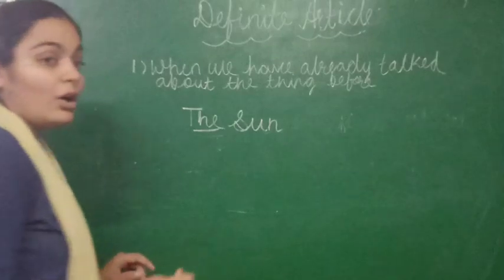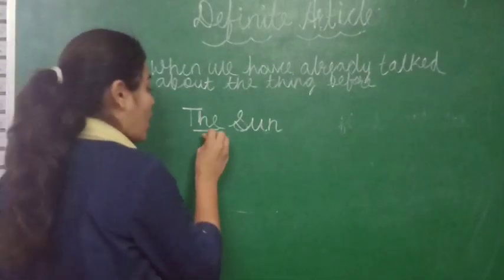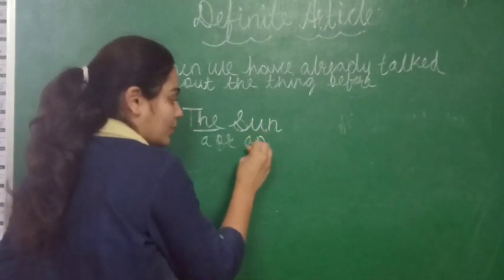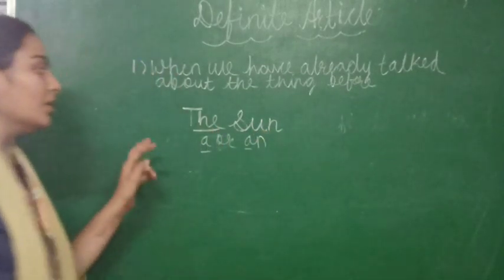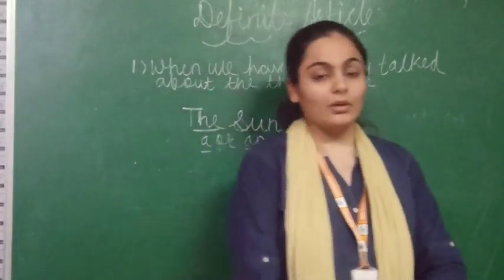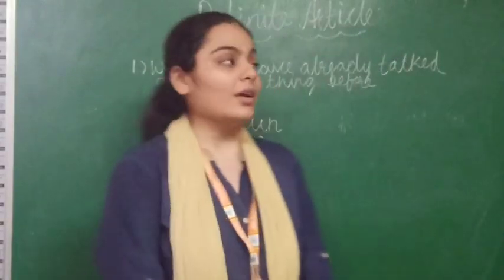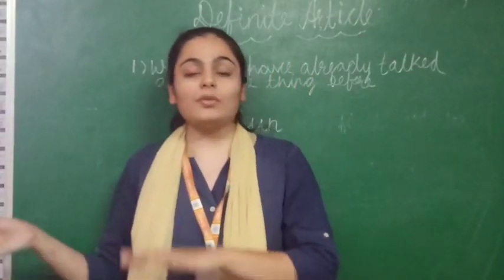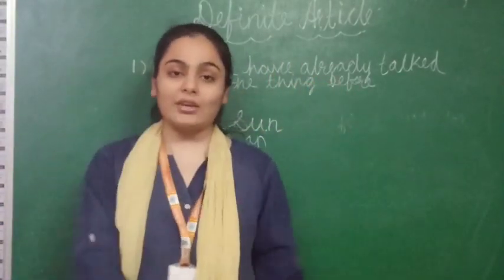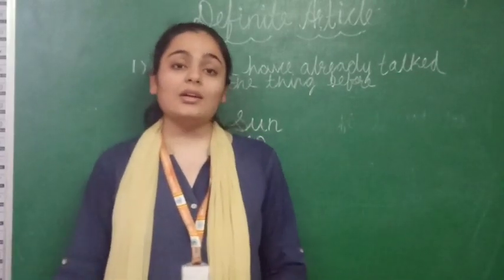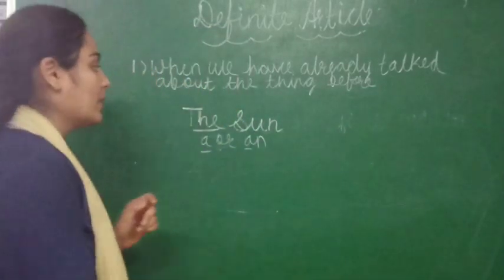And in a or an we always write small, but in The we write the capital when it starts a sentence. Okay, so I hope you all understand the difference between indefinite articles and definite articles, and where we use each.